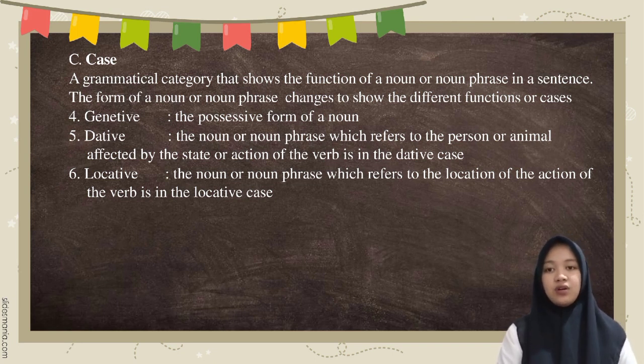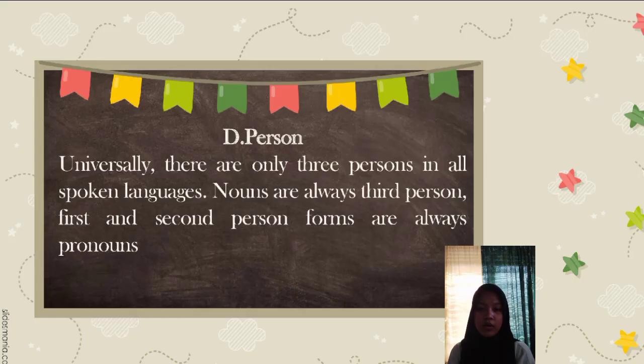The noun or noun phrase which refers to the person or animal affected by the state or action of the verb is in the dative case. 6. Locative. The noun or noun phrase which refers to the location of the action of the verb is in the locative case.